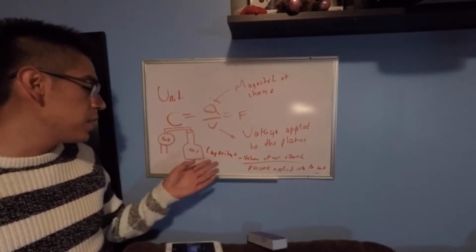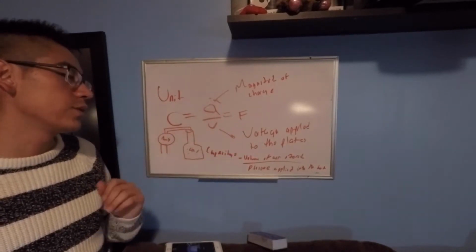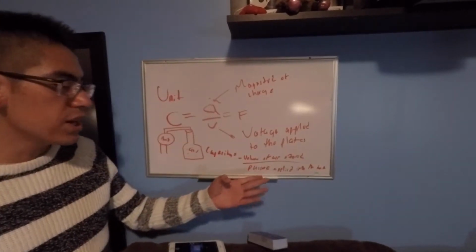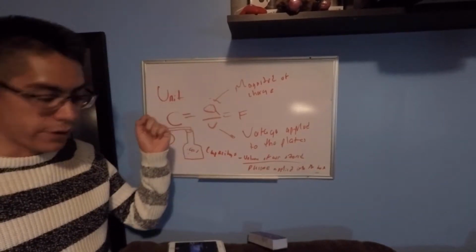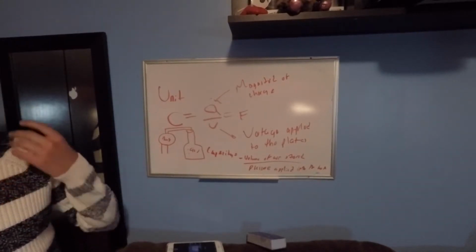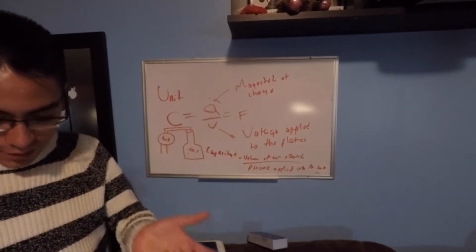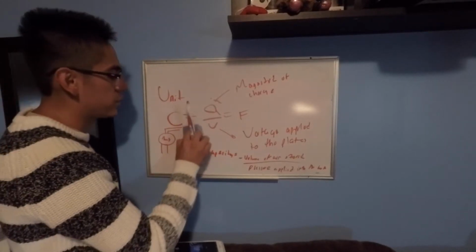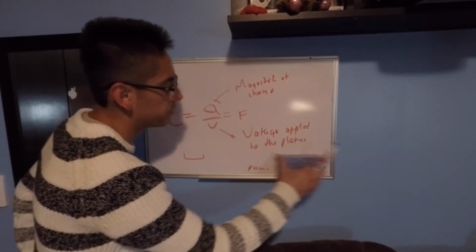So the capacity of this tank is obviously the same as the charge over the voltage, because voltage is applied to the plates as pressure is applied to the bottle, and the charge stored is like the air stored. So it's a really simple diagram just to understand what is happening here.